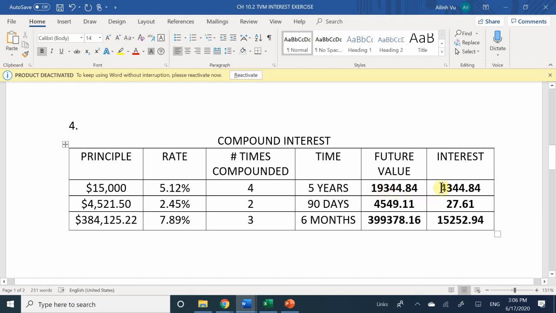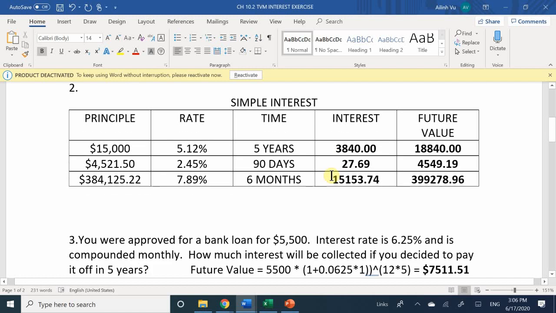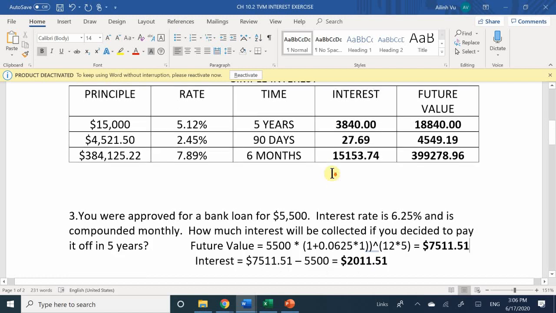So I actually gained $4,000 instead of $3,800. Isn't that cool? So obviously you definitely want to choose compound interest over simple interest any day.